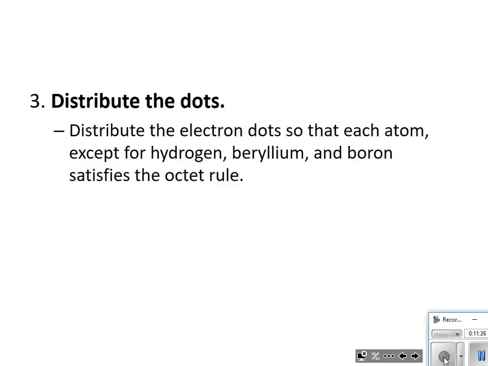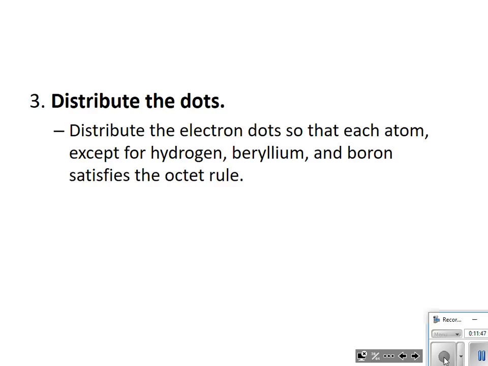We're going to talk a little bit later on about these exceptions, but the reason hydrogen, beryllium, and boron are exceptions to the octet rule is because they're not going to require a full octet to achieve their stability. Okay?